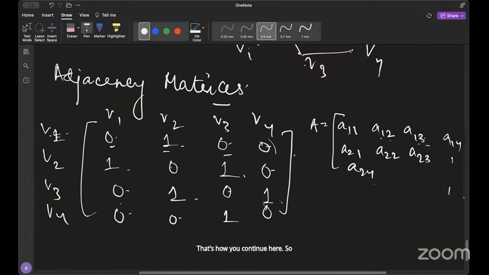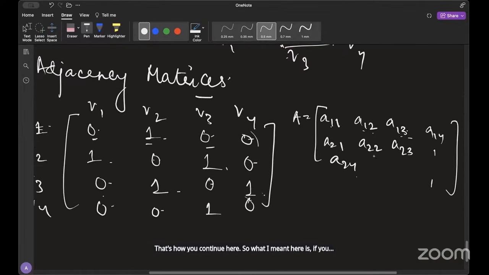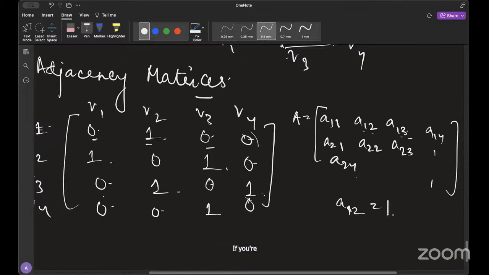What I meant here is, if your A12 is 1, that means for this graph there is an edge from V1 to V2, right? That's what we discussed here.